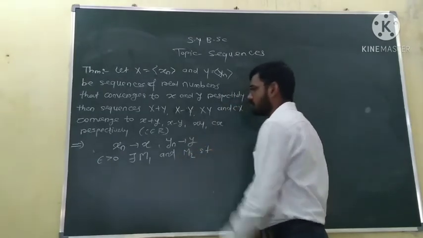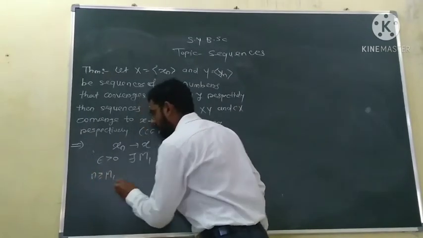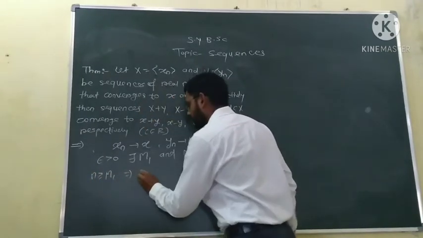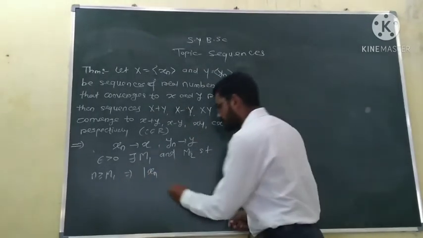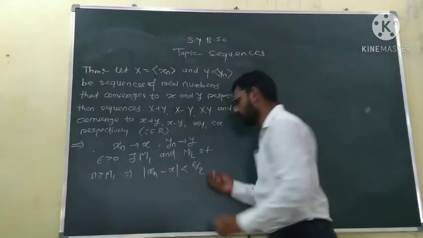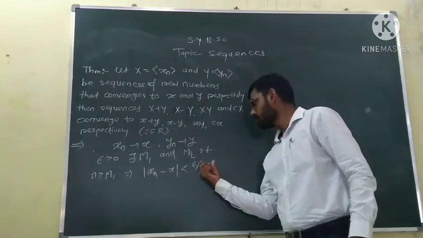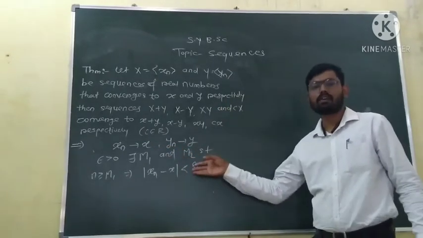such that whenever n greater equal m1 implies the distance between elements of the sequence and the limit of the sequence is less than some very small arbitrary number, that is epsilon by 2. We can take it epsilon by 3.